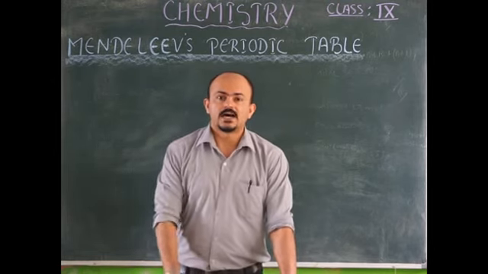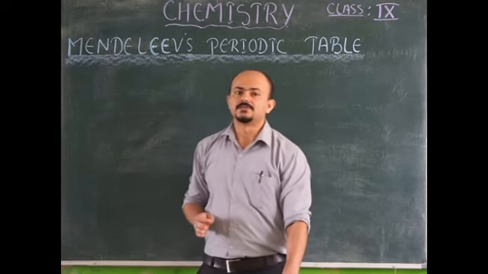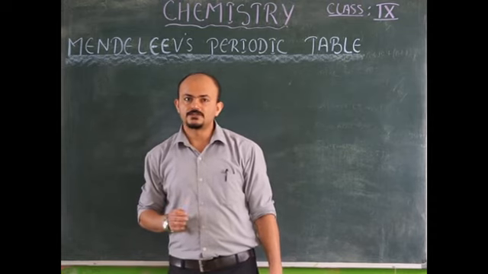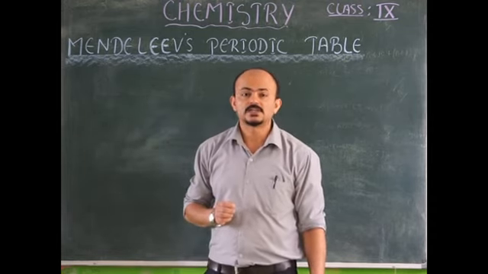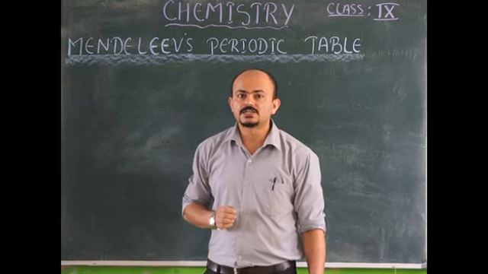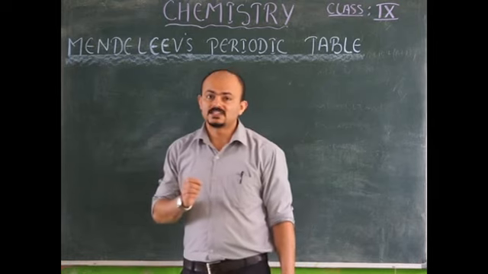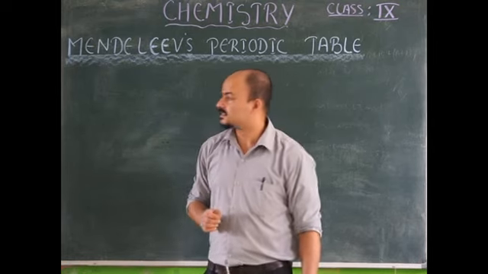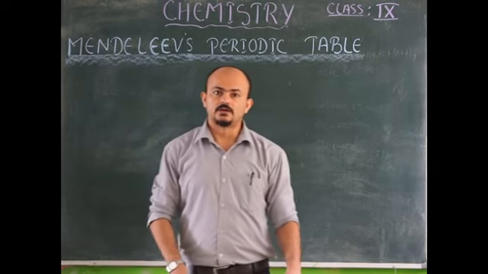And he came up with the idea that the physical and chemical properties of elements, please listen carefully, are the periodic function of atomic masses. Once again, it's atomic masses. So this is the statement of Mendeleev's periodic law.